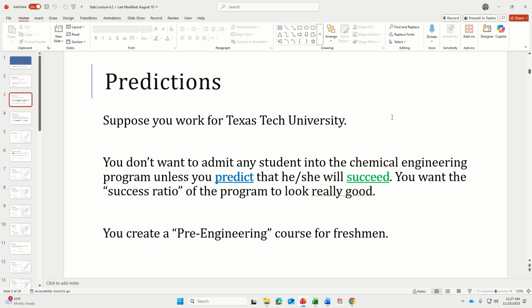And so what they did, this was the Texas Tech solution, is they said, before you can officially join our engineering program, you have to take a course called pre-engineering.